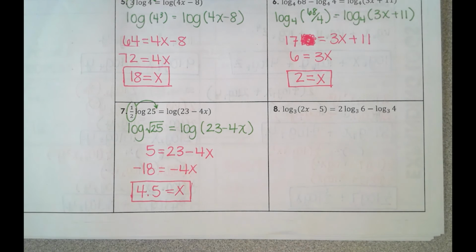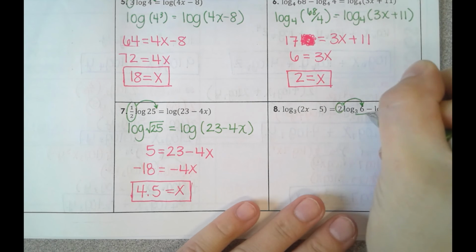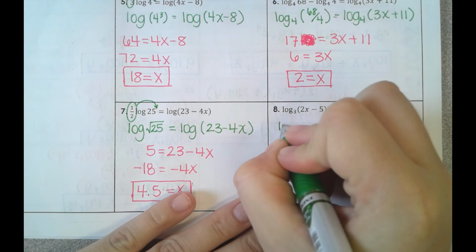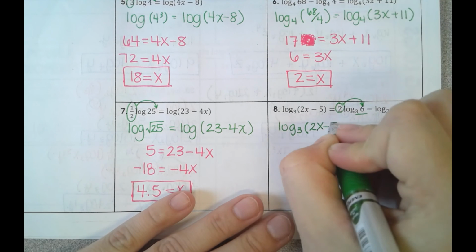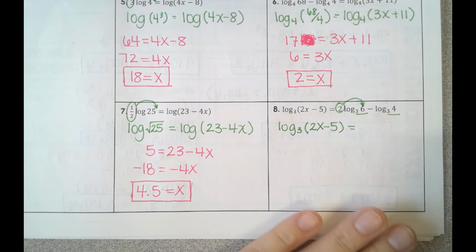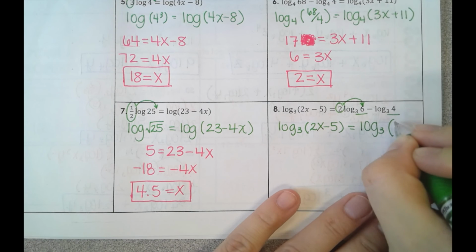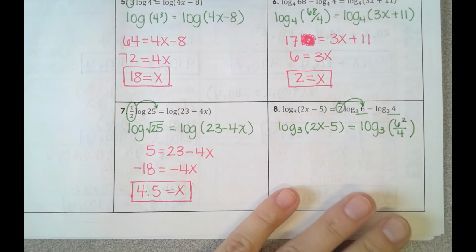Number 8 kind of has 2 things. This 2 needs to become the exponent, and that 6 and 4 need to be divided. So this is log base 3 of 2x minus 5 equals log base 3 of 6 squared divided by 4.